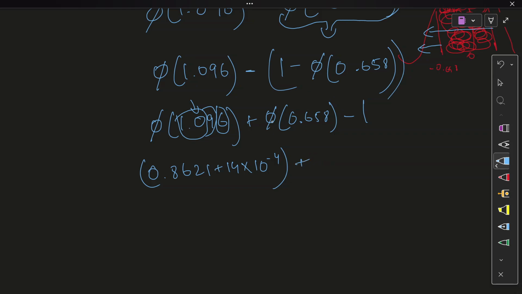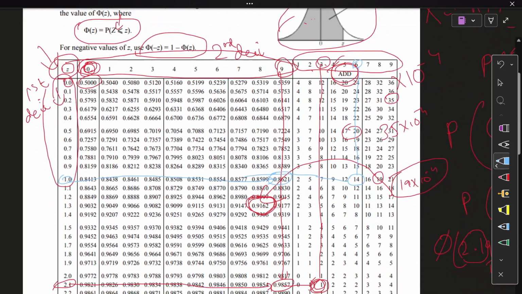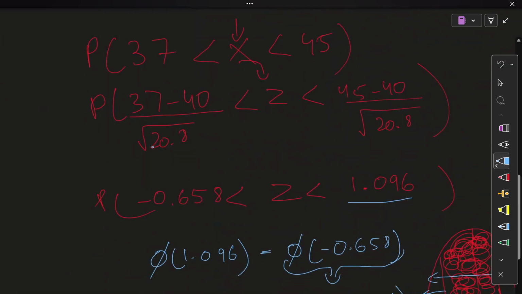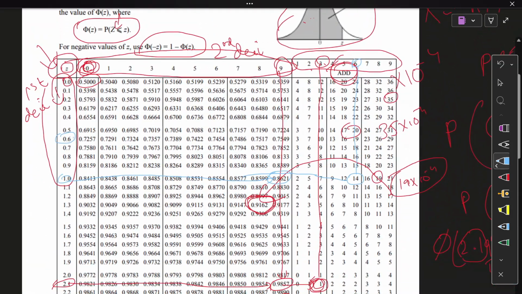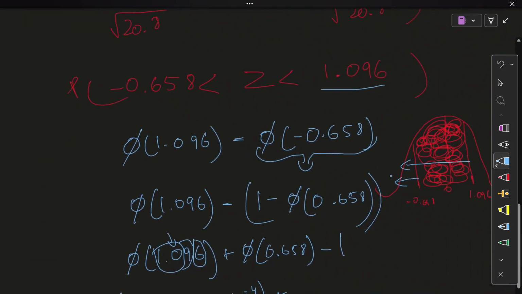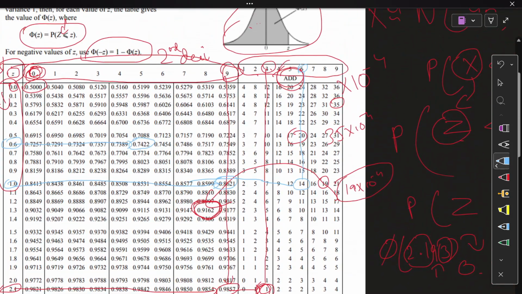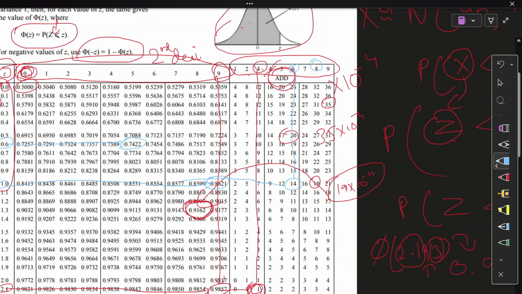Okay, so moving on. Do the same for this one. So 0.6 is our first decimal place. That is right here. 0.6. Next we have 5. So 5 is 1, 2, 3, 4, 5, right here. So our main value is 0.7422. Okay, so let's draw a bracket, 0.7422. Now let's find the add value, which is 8. Now 8 is right there.